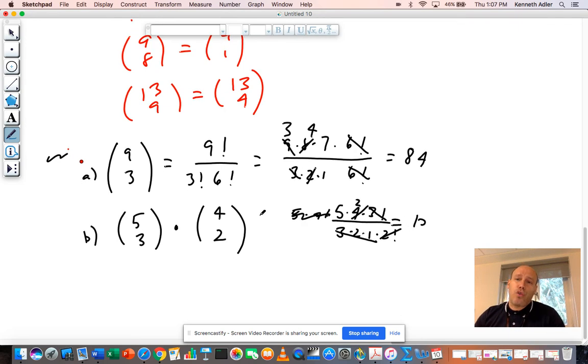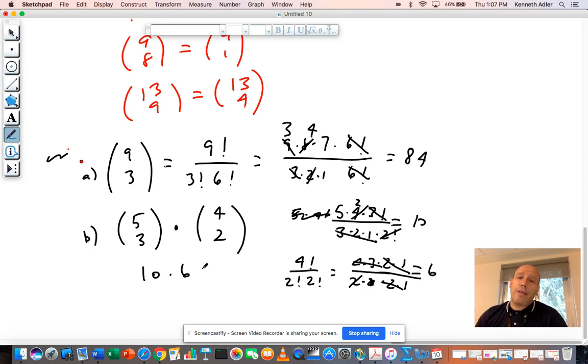And 4 choose 2. 4 factorial over 2 factorial times 2 factorial. 4, 3, 2, 1 over 2, 1, 2, 1. Sorry, I'm way down. That goes out with that. 2 goes out. This is 6. 10 times 6, 60 teams. If 3 of them have to be girls and 2 have to be boys.